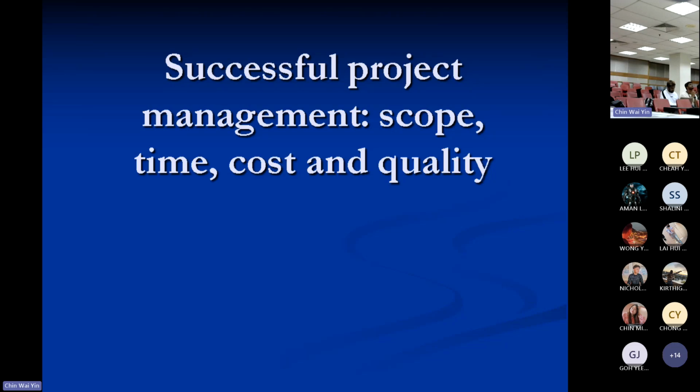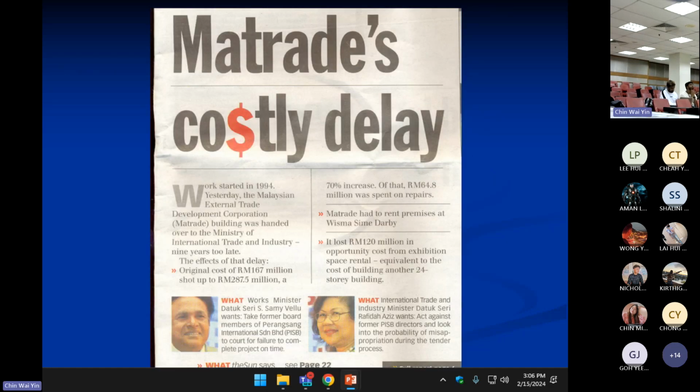So just now we mentioned that for a successful project, we have to balance between the competing demands of scope, time, cost, and quality. I'm sure this is just a very old one. I am sure for recent ones, there are hundreds of this type, and Malaysia is very famous for all this, right? Government projects over budget, over time, not meeting the requirements, right?